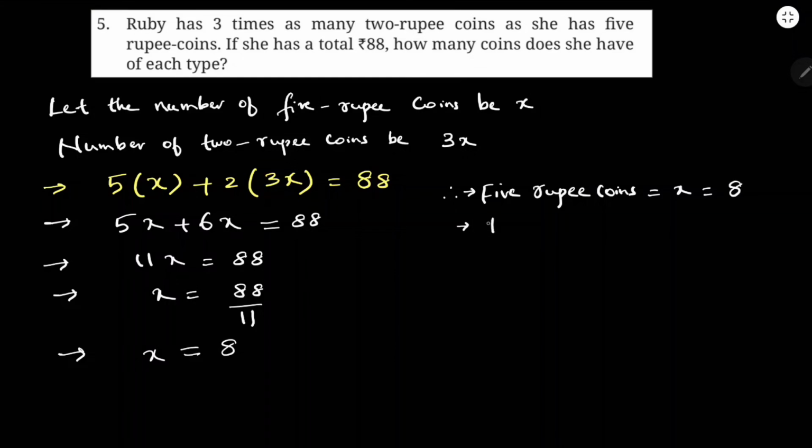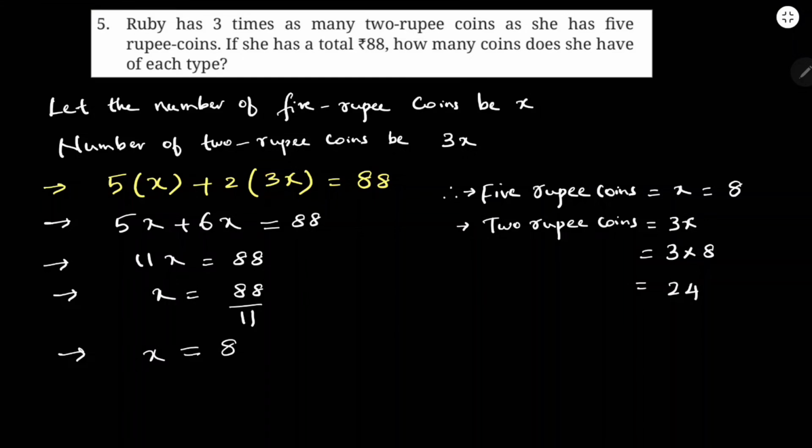Next, 2 rupee coins. We took it as 3x. So 3 times 8, that is 24.